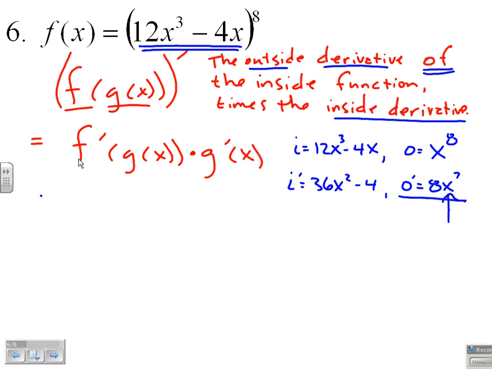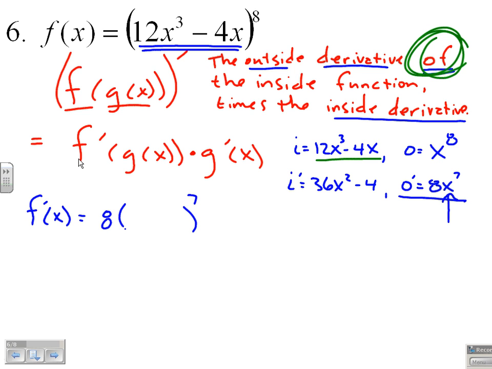So my outside derivative wants to take things to the 7th power and multiply them by 8. But it is the outside derivative, here you go, of the inside function. The inside function being 12x cubed minus 4x.